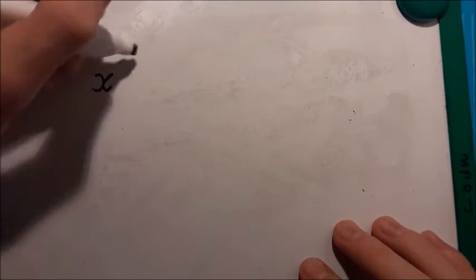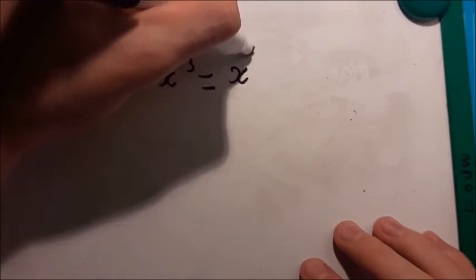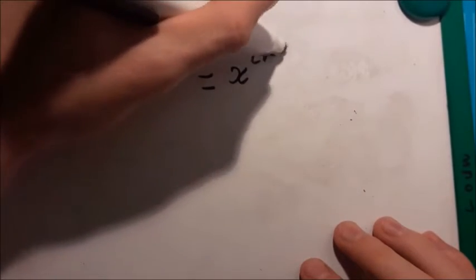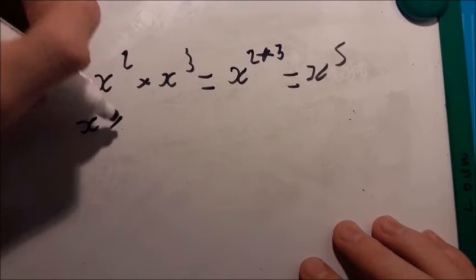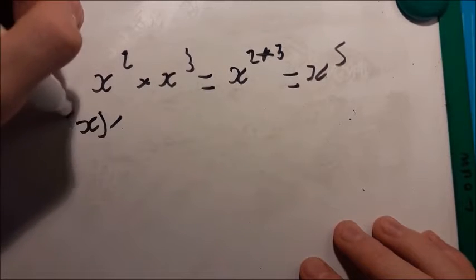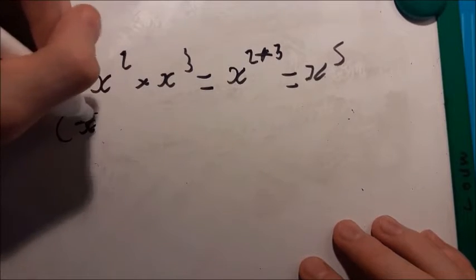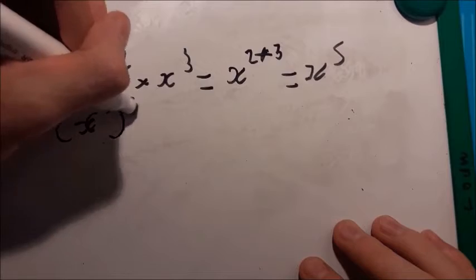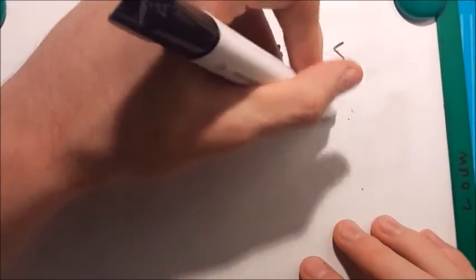Exponents. So we have x squared times x to the power of 3, which is equal to x to the power of 2 plus 3, which is equal to x to the power of 5. Then we can say x squared, to the power of 3, which is equal to x to the power of 2 times 3, which is equal to x to the power of 6.